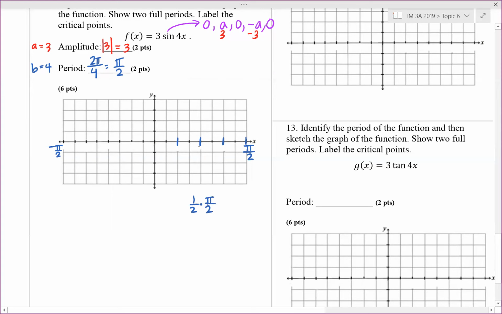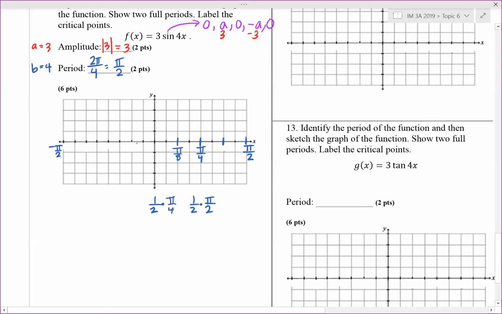So that means I get pi over 4. Then the value to the left of this is between 0 and pi over 4. Equally distributed, I'm doing the same thing, building on the answer. So I'm doing half of pi over 4 to figure out that number, and that's pi over 8.